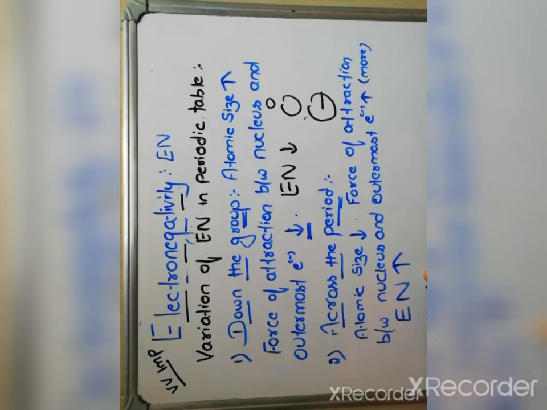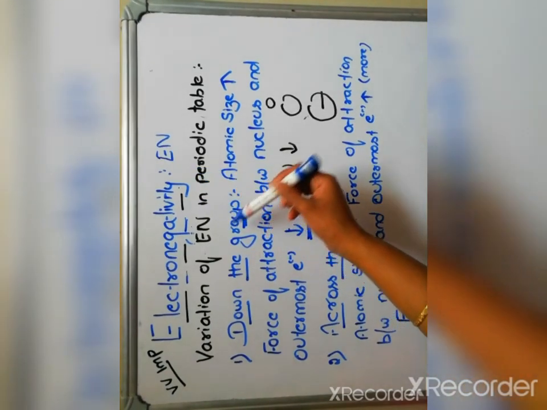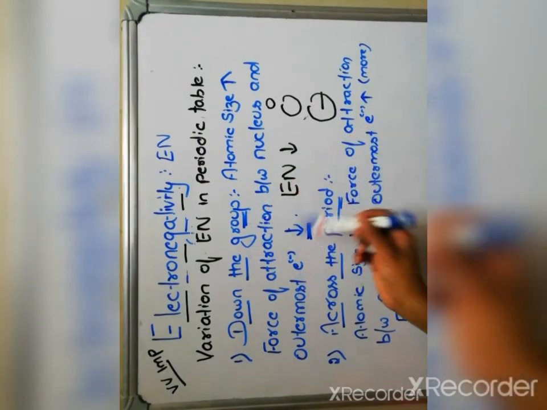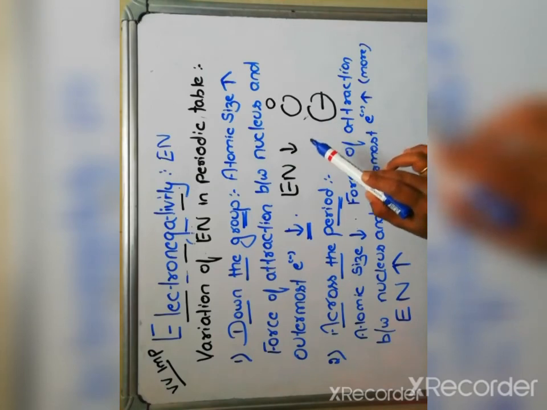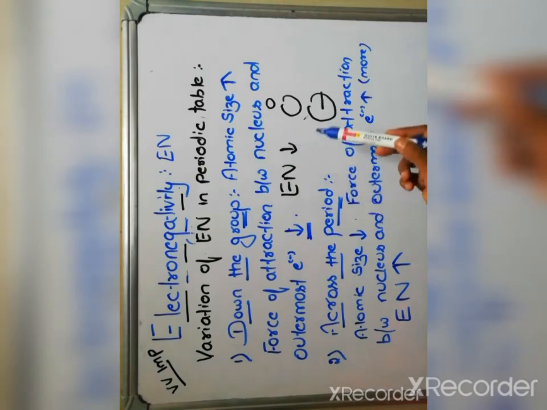I think you have noticed one common point, whether it is ionization enthalpy, electron gain enthalpy, or electronegativity. As we move down the group, ionization enthalpy decreases, electronegativity decreases, and electron gain enthalpy also decreases.